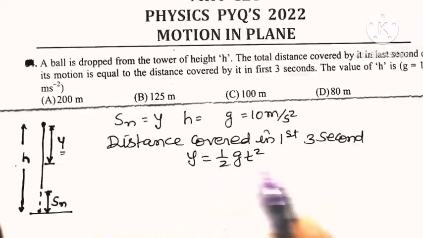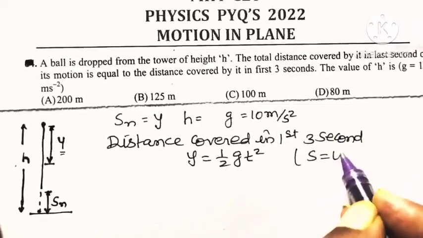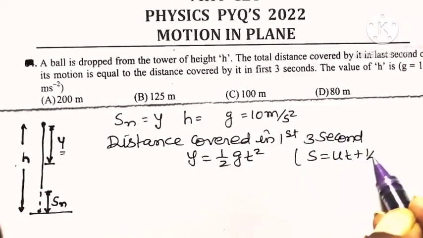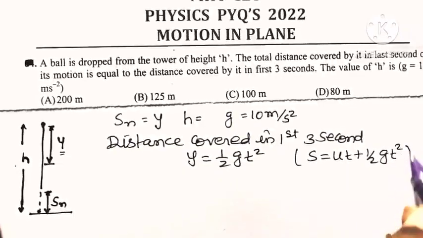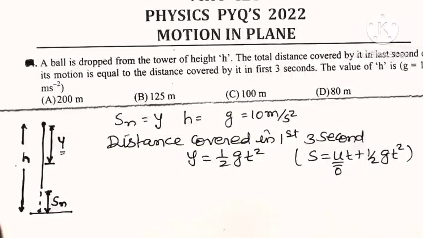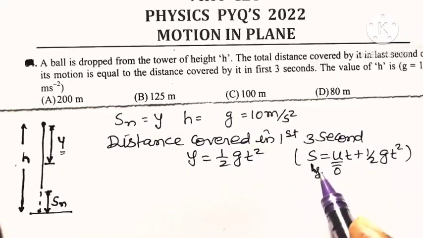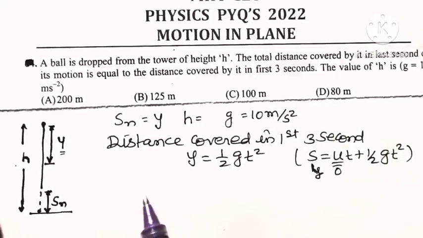S is equal to ut plus half gt square, and because here u is equal to 0, initial velocity is 0. So s is replaced by y. So y is equal to half gt square.